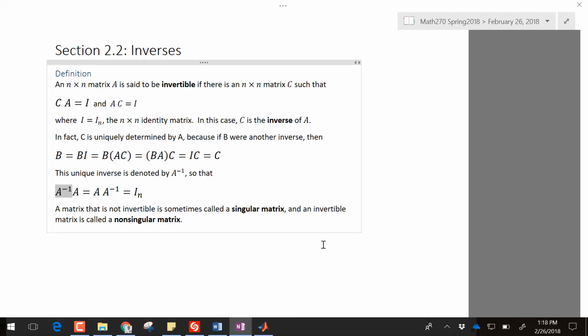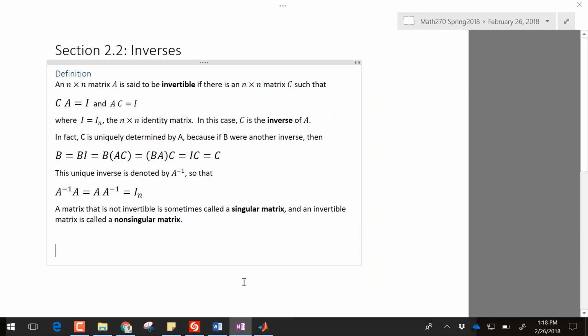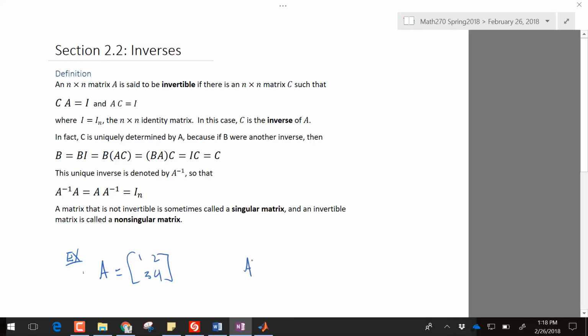Okay. So let's take a look at, since MATLAB did some work for us already, our generic matrix A equal to 1, 2, 3, 4. It turns out that A inverse, according to MATLAB, is -2, 1, 1.5, -0.5.